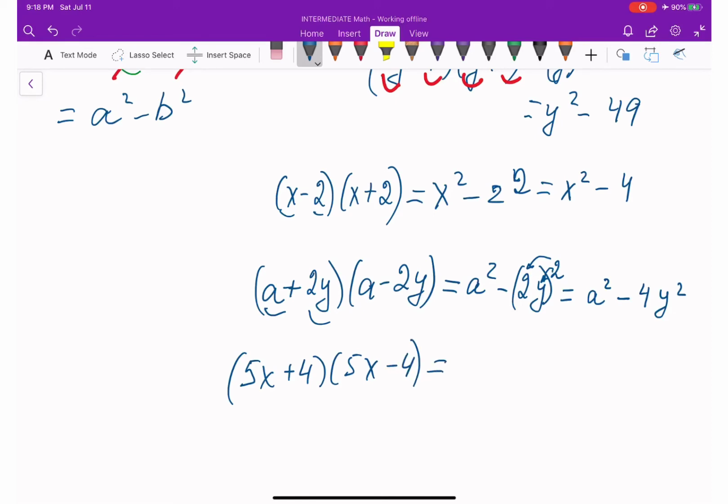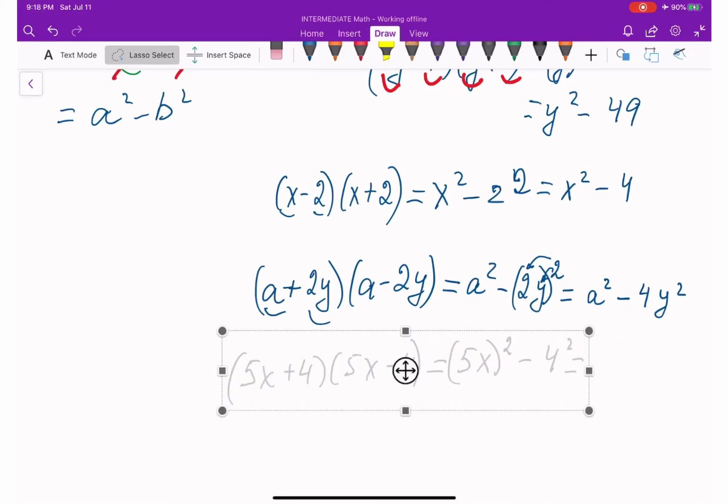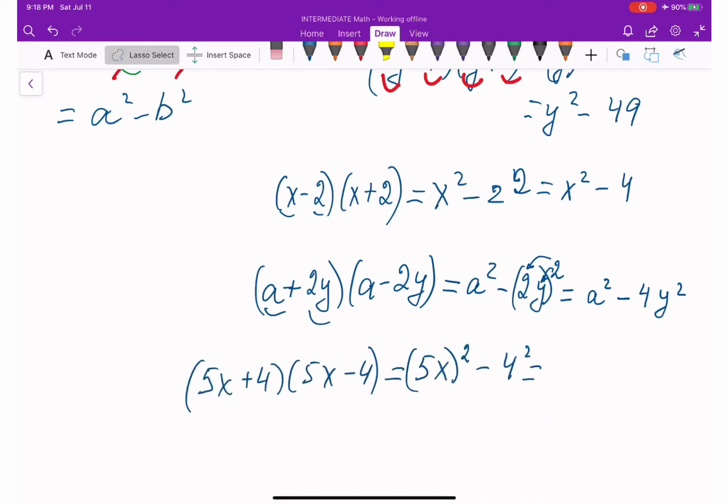So we have the same term, 5x and 4, and in one case addition, in one case subtraction, which means I'm going to square 5x and then 4 squared also. So we get 5x squared. When we square, I have to square separately, 5 separately, x separately, right? 5 squared is going to be 25. X to power 2 is going to be x squared. And minus 4 squared is going to be 16.